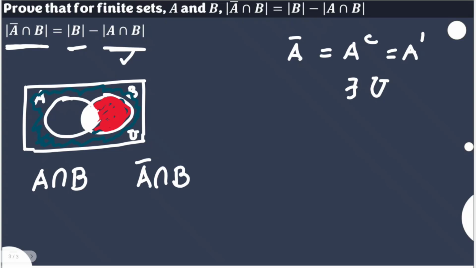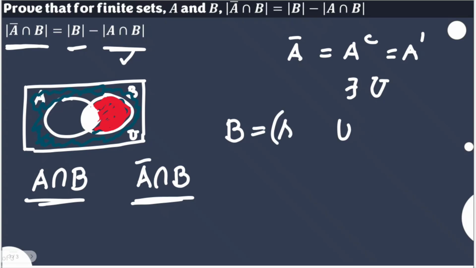So with this, this white region comprises the intersection of A and B, and the red one is the intersection of the complement of A, all these blue portions, but specifically that red which intersects with B. So we can write here that B is equal to the union of two: A intersection B and A complement intersection B. So B is actually a combination of both.